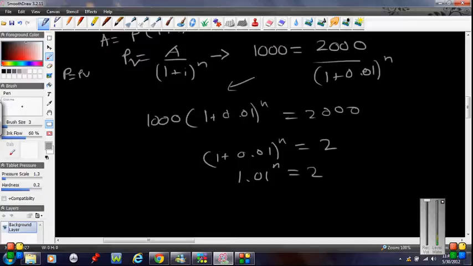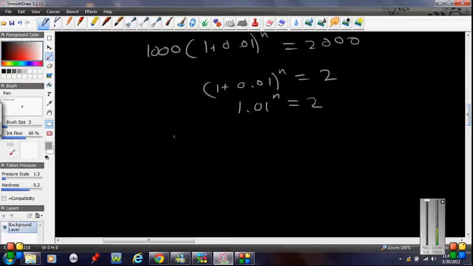Okay, so in cases like this, you can use the log function. A lot of you already probably know this, but I'm just going to do it anyways.